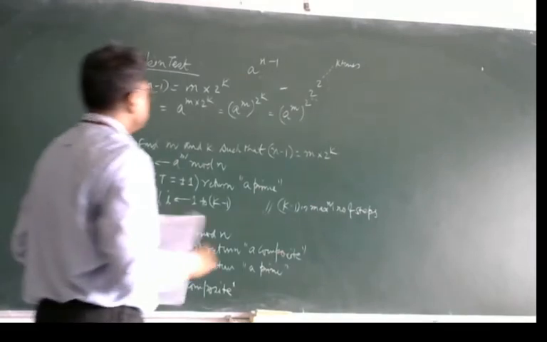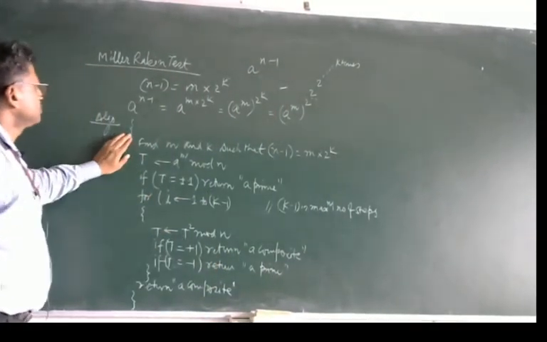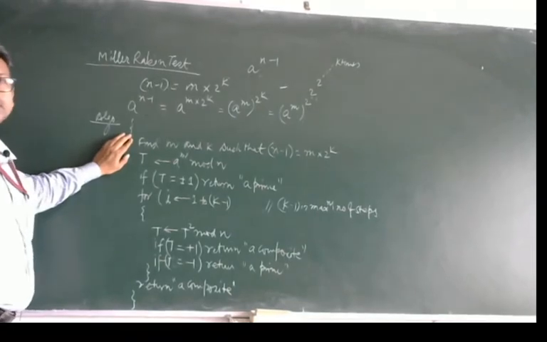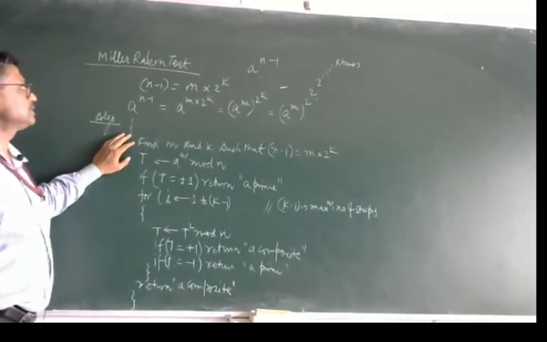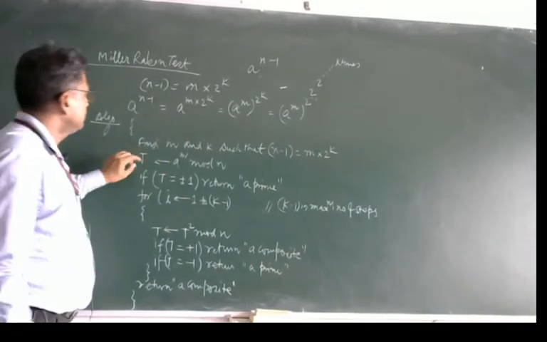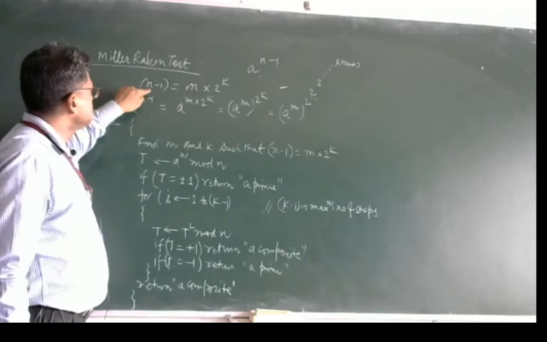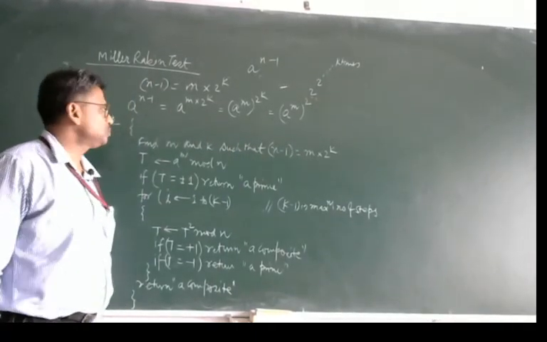So let us understand this algorithm, the Miller-Rabin test, which is tested on n and a. n is the number which has to be tested for its primeness, and a is considered as a base. We have to change n minus 1 into m into 2 to the power k.